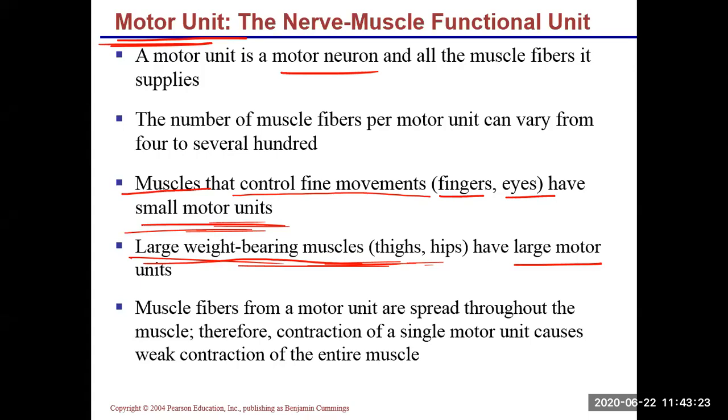You are monitoring a lot of different things. For that, you require precise movement. There's got to be fewer muscles, fewer motor units.